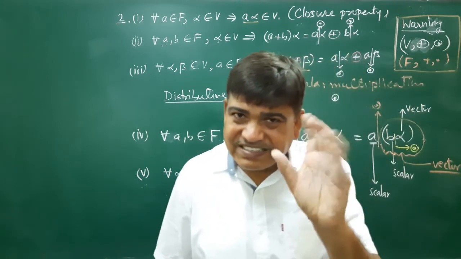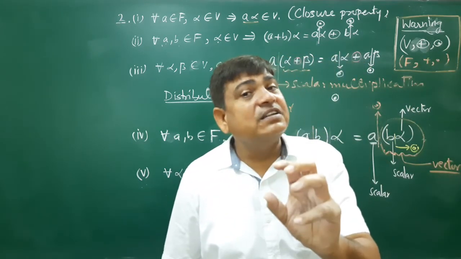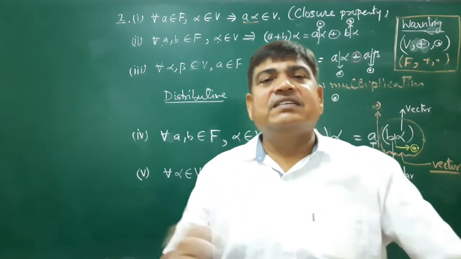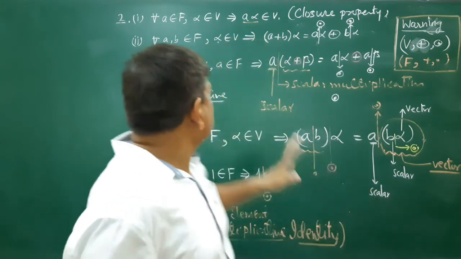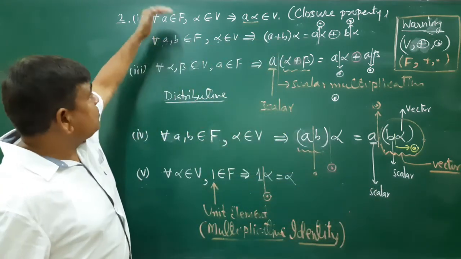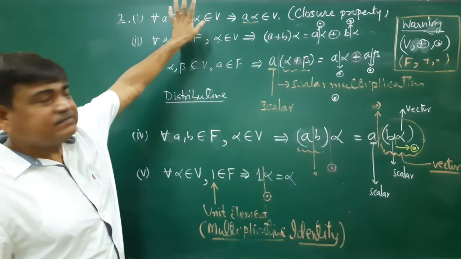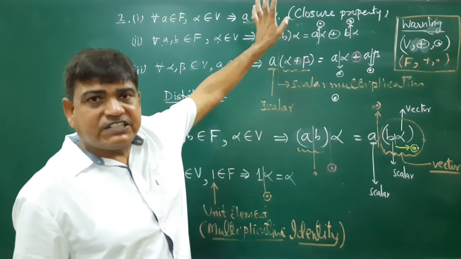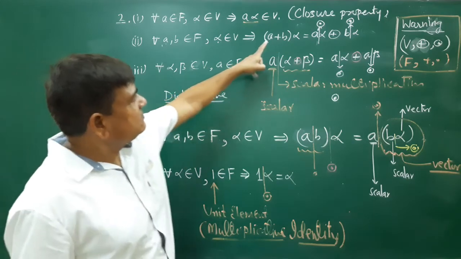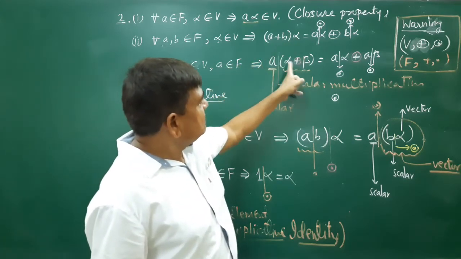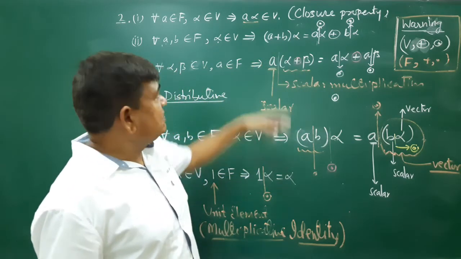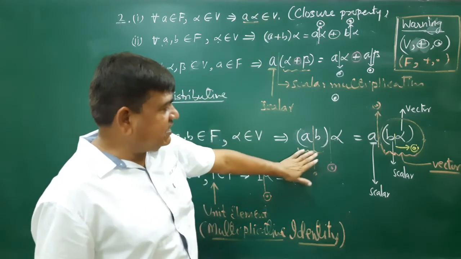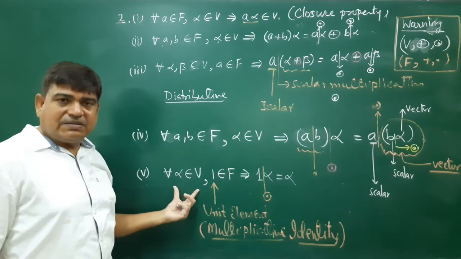It cannot be, since it is an external composition, so I have to talk about the connection between these two. Closure property, you people know that. Then here you can say distributive with respect to scalar, with respect to vector, associativity, and this.